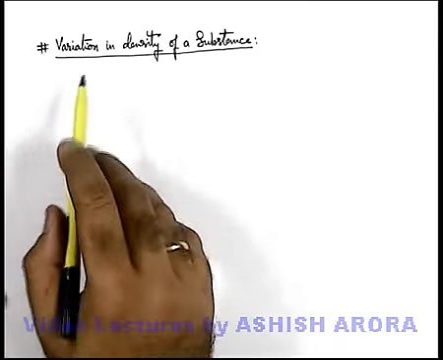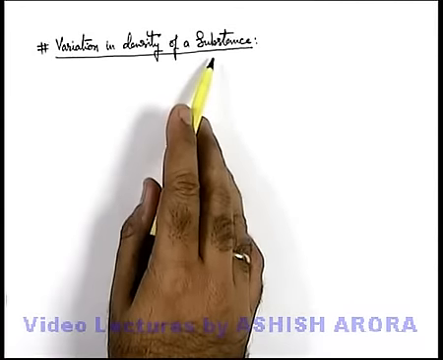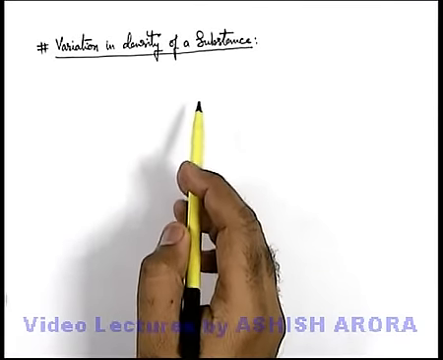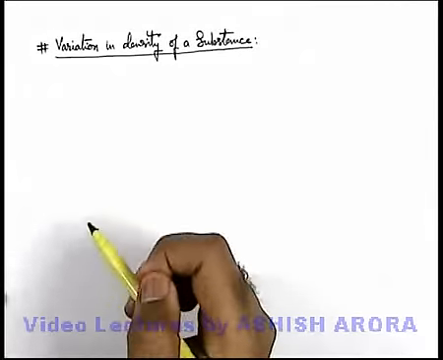Now we'll talk about variation in density of a substance. As we know, on increasing temperature, if the volume of a substance increases, its density will decrease.